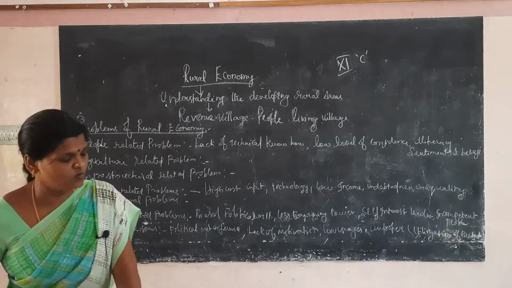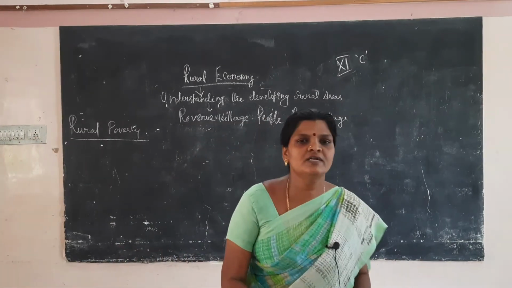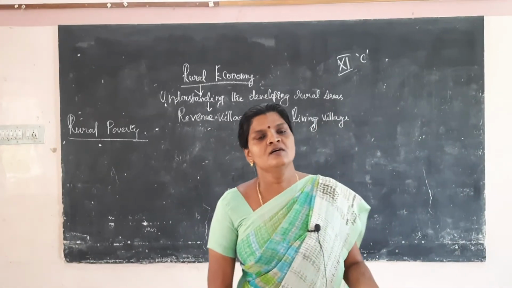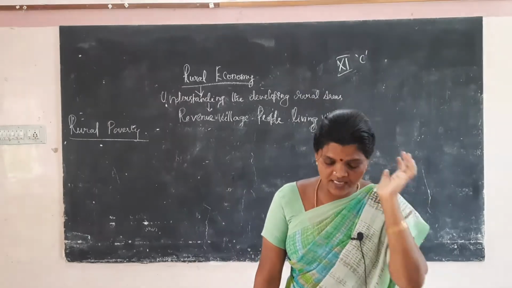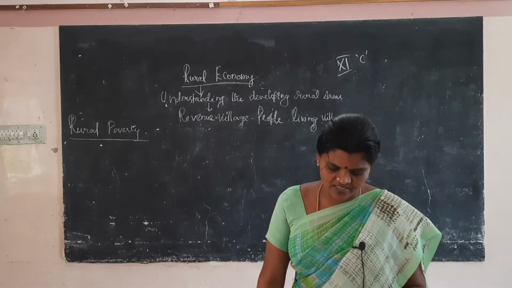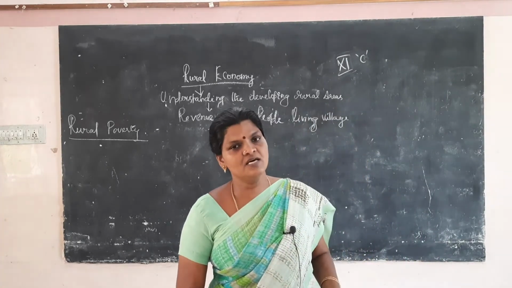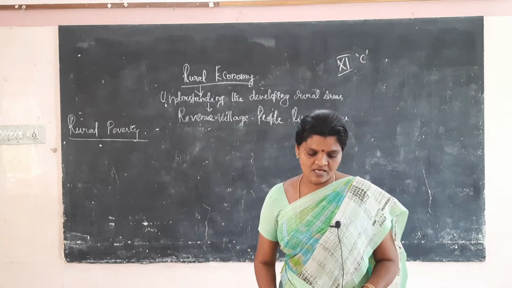Next we move on to rural poverty. Here poverty means an individual fails to earn sufficient income to sustain their daily life. These are the problems rural people are facing daily.